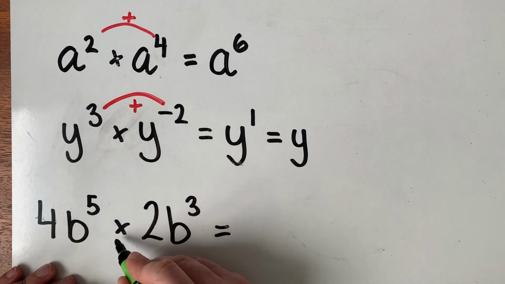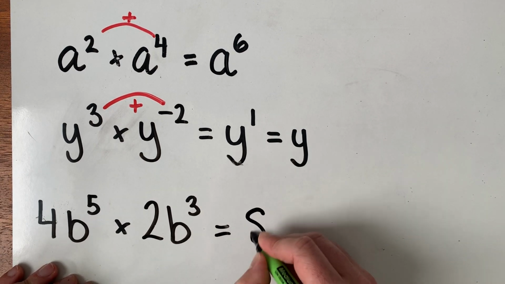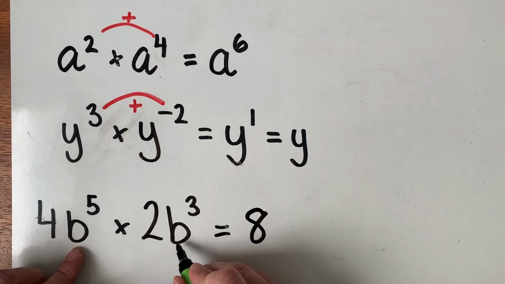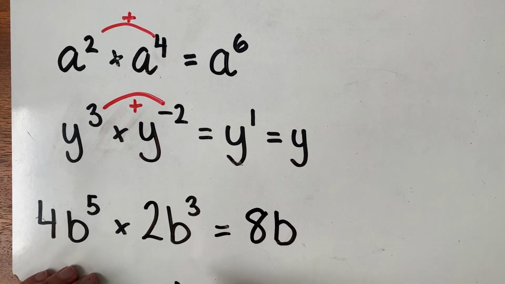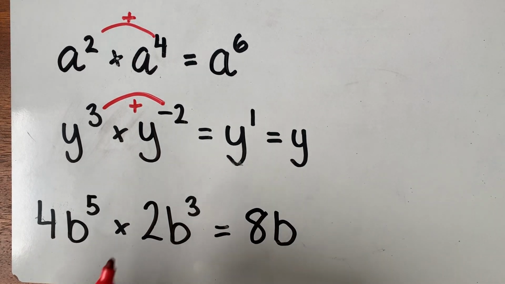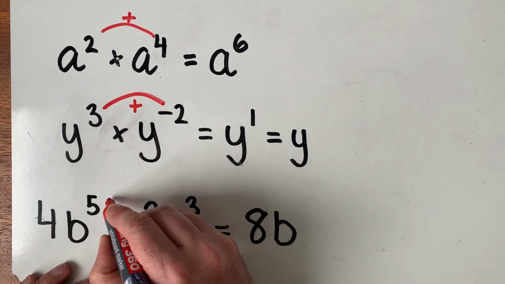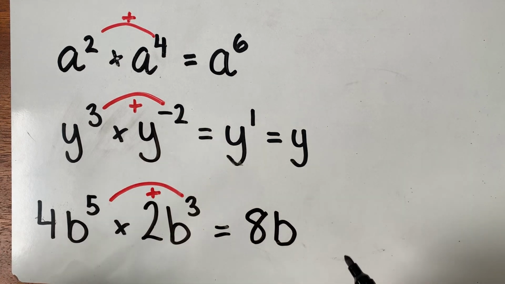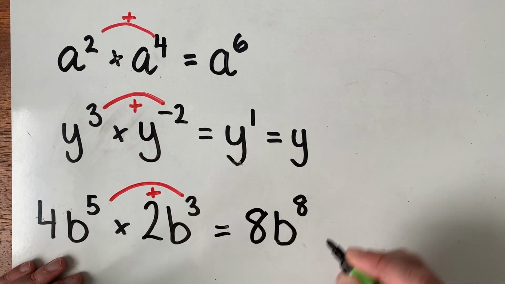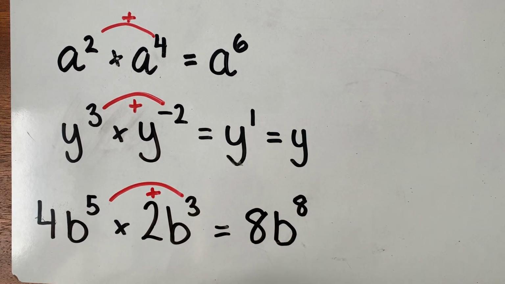So 4 times 2 is 8. Our base is the same, it's b, so we're going to have some quantity of b in the answer. How many of those? These are indices, so we apply the rule, which is to add these two values together. So the answer to this one is 8b to the power of 8.